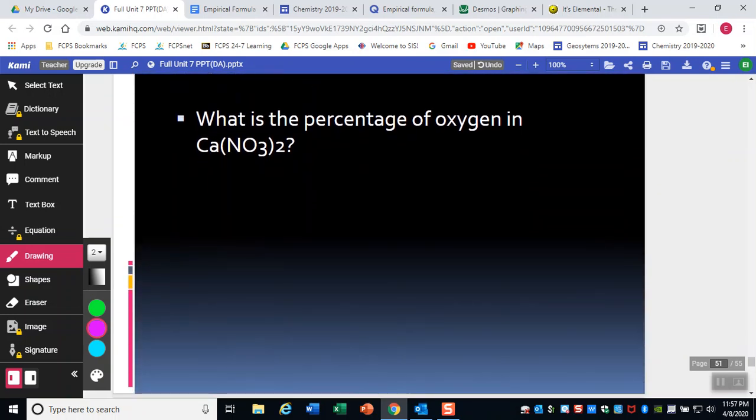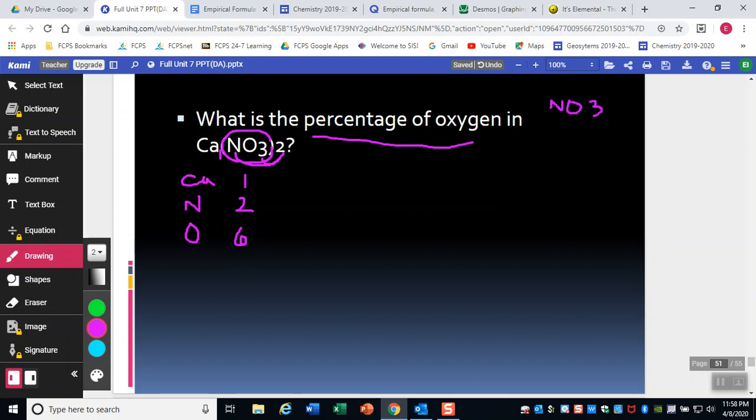All right, awesome. What is the percentage of oxygen? We have calcium nitrate. All right, so I've got calcium, nitrogen, and oxygen. I have 1 calcium, 2 times 1 is 2, and 2 times 3 is 6, right? Because this is in parentheses, so I have 2 nitrates.